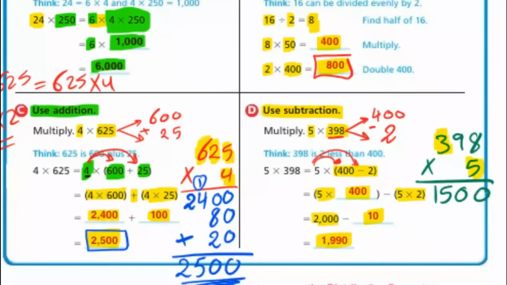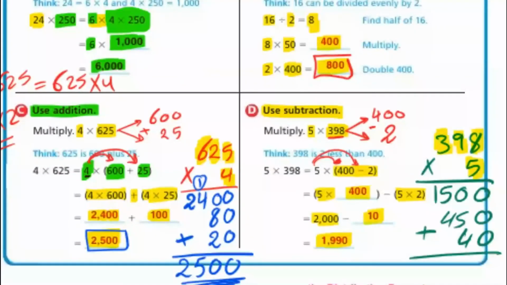Okay, after that we have 9 in tens place. So just put 1 zero like that, and 9 multiplied by 5 equals 45. And then multiply 8 by 5. 8 multiplied by 5 equals 40. And 8 in ones place, don't put any zeros, so it will be just 40.